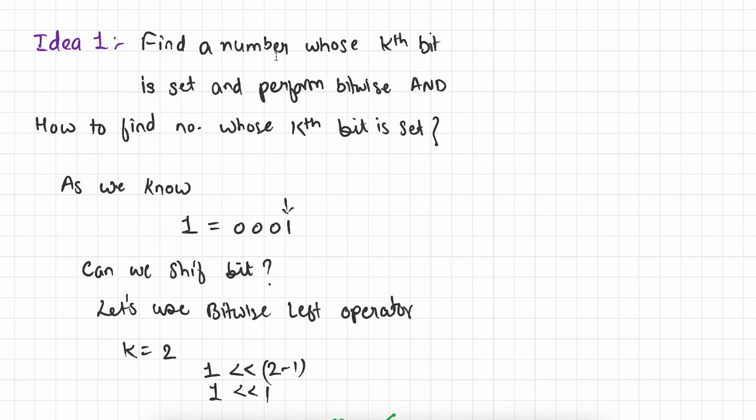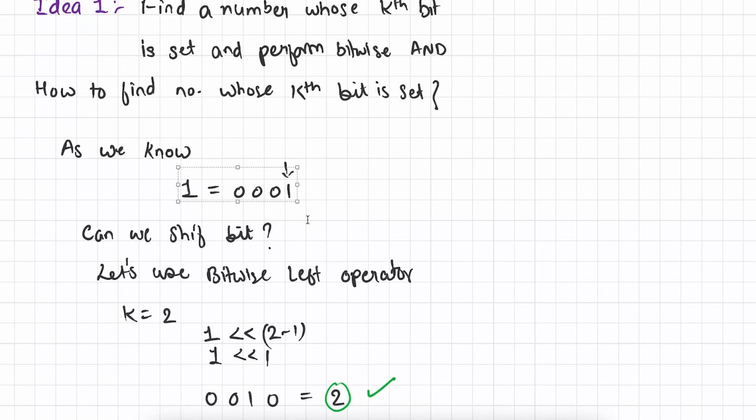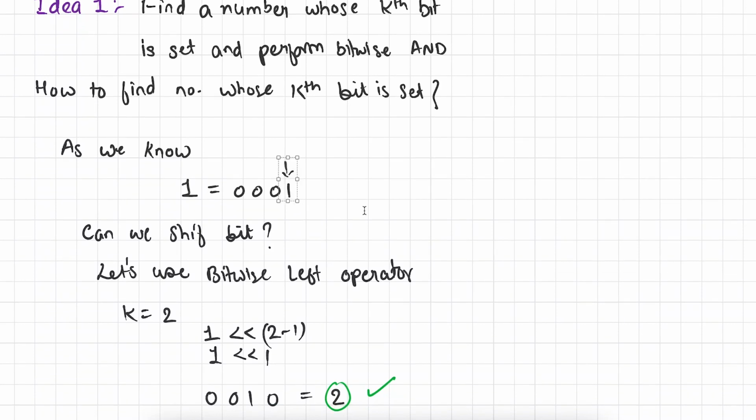As we know, the binary of number 1 is 0001, and right now the first bit is set. Can we shift this bit to another position? Obviously, we have learned in previous videos that we can use the left shift or right shift operator to shift bits. So here also we can use the left shift operator.